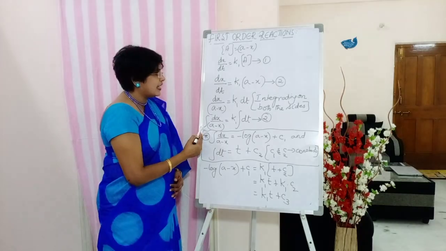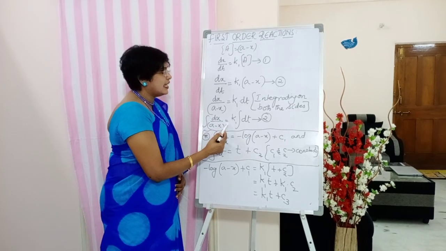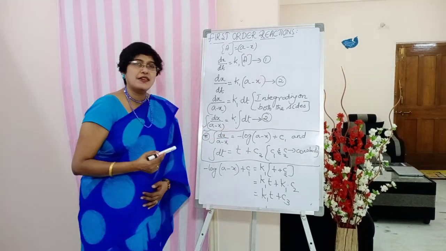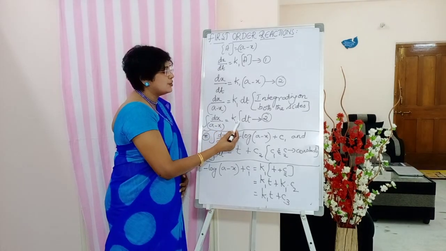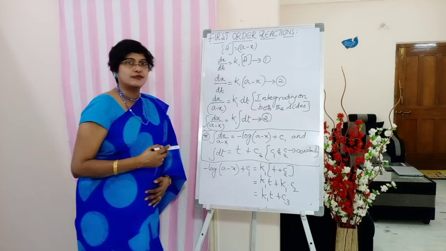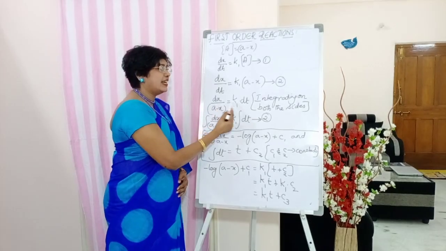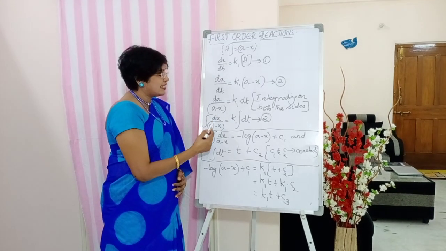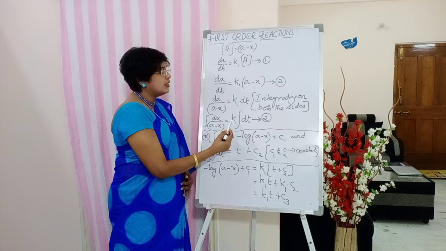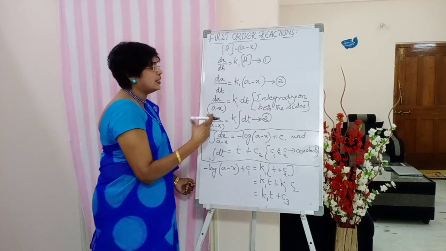So, integral dx by A minus X is equal to K1. K1 cannot be integrated because it is a constant. K1 into integral dt. So, we are integrating this equation on both the sides. How do we write? Integral dx by A minus X is equal to K1 into integral dt. Sorry, mark this equation as 3.